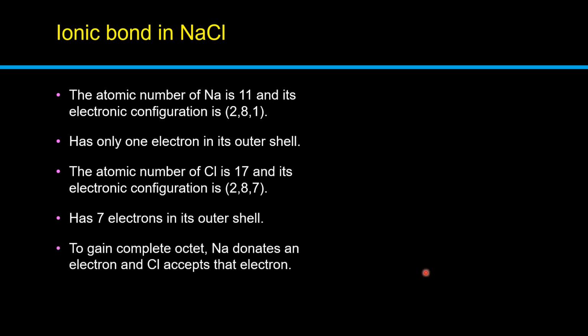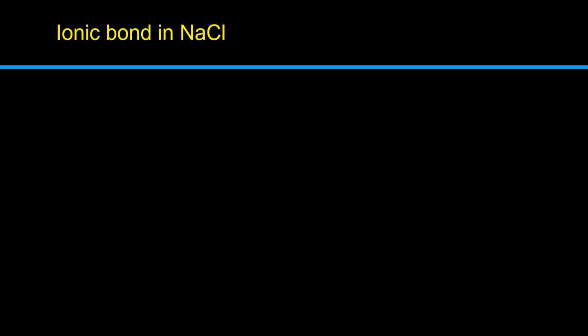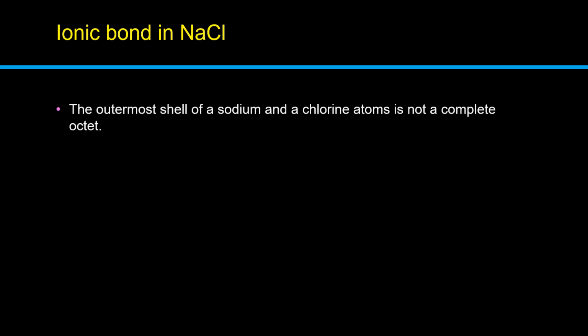So the two gain a complete octet. Sodium donates an electron and chlorine accepts the electron. So the sodium atom will donate its one electron and chlorine will accept that electron. The outermost shells of sodium and chlorine will have a complete octet after the donating and accepting of the electron.